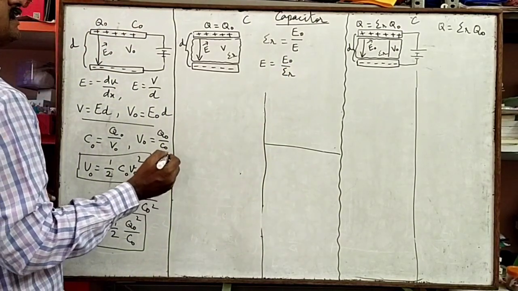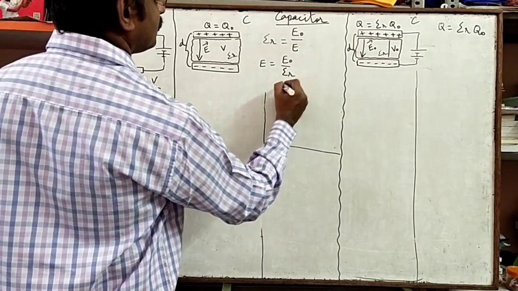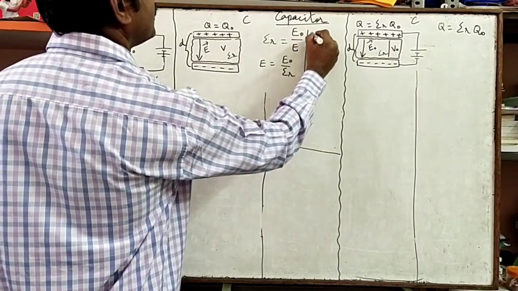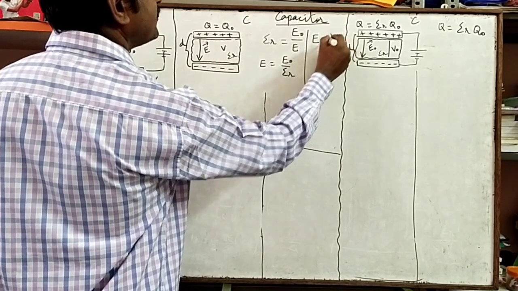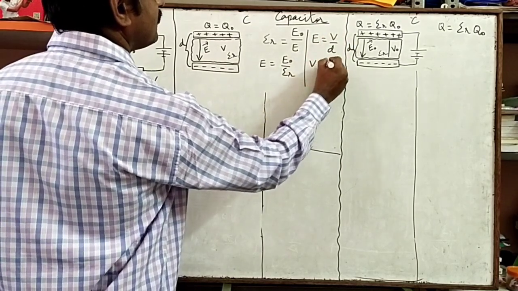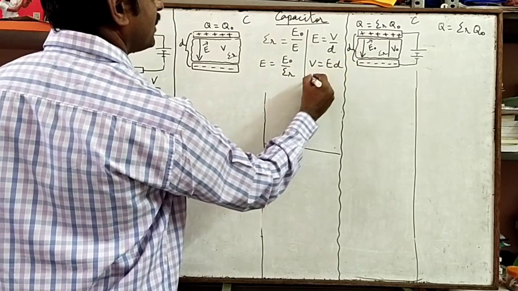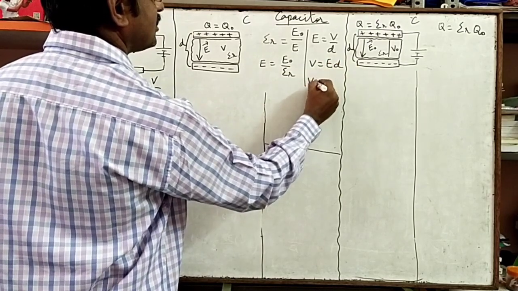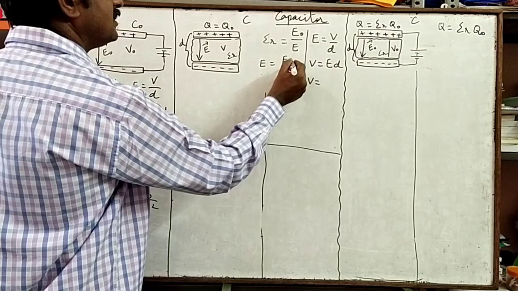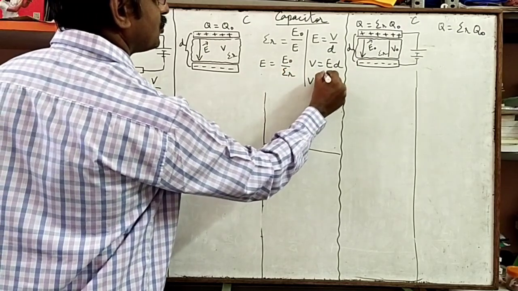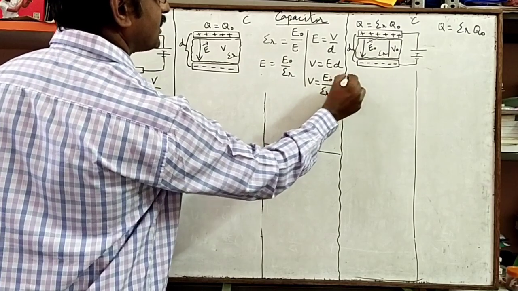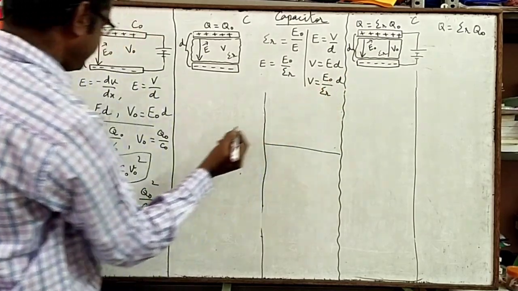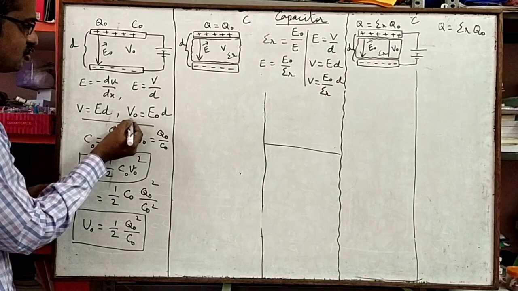And also we can write that V is equal to, we have electric field is equal to V by D, and from this we can write that V is equal to E into D, and from this we can write V is equal to E value from this, E naught by epsilon R. So E naught divided by epsilon R, and you have D here, but E naught into D is equal to V naught.